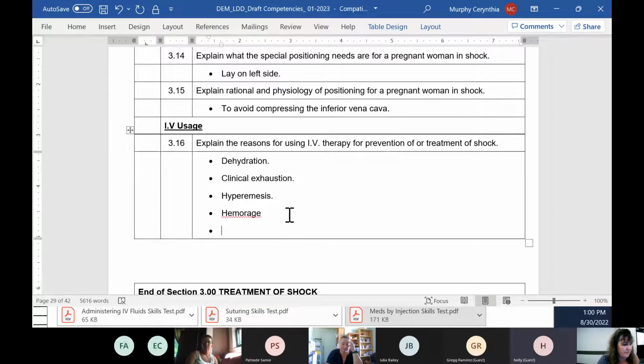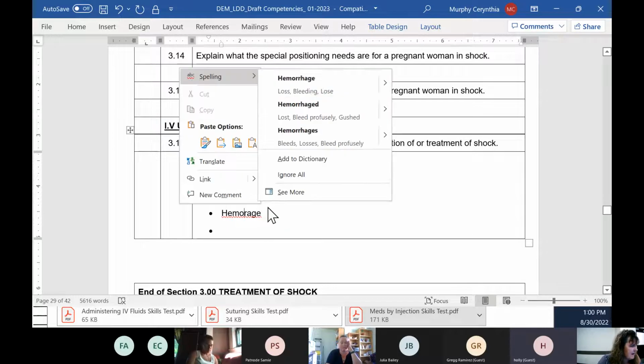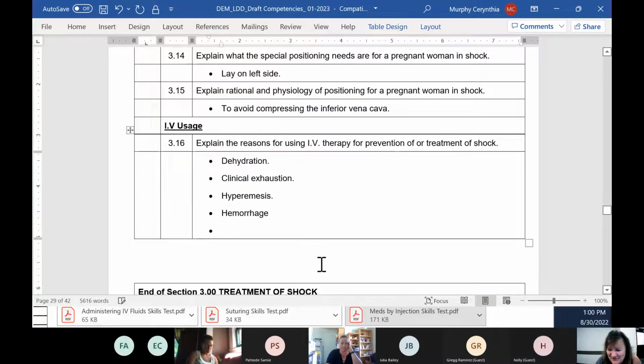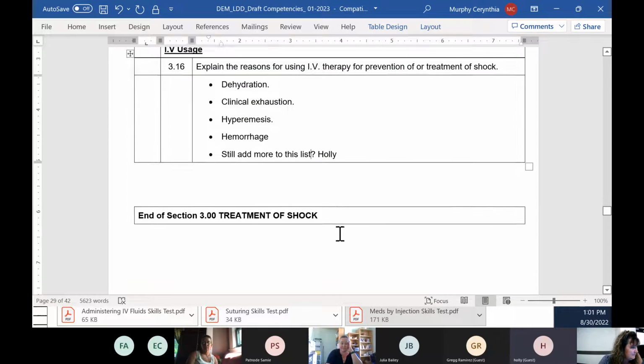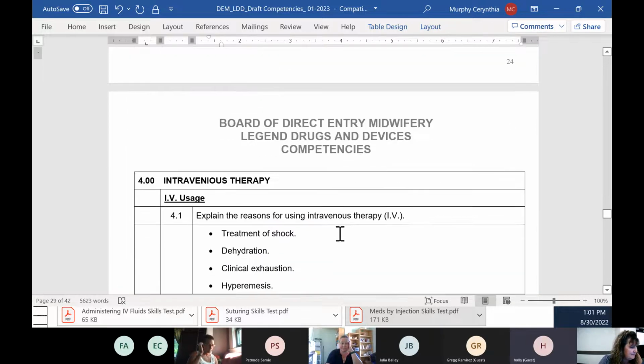Hemorrhage is misspelled, but we'll deal with it. So we still need to add more to this list. Potentially, yeah. Okay, so I'll put a question mark, and then I'll put your name. Oh, so lucky me. This is why I was trying to sign people up earlier, because I had a feeling.